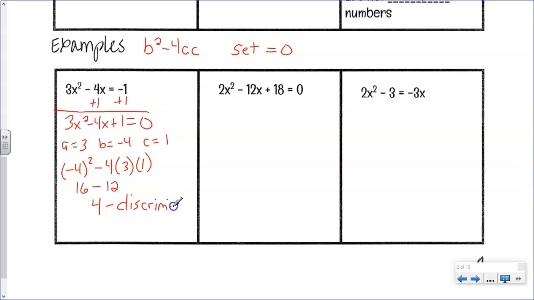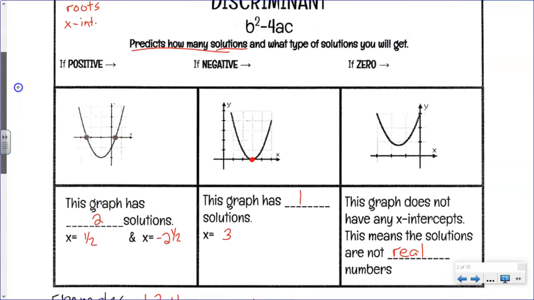This does not tell us our x-intercepts. This tells us how many. So if we go back up here, if it is positive, we're going to have two solutions. If that discriminant is negative, we're going to have no real solutions. And if it is 0, we're going to have one solution.